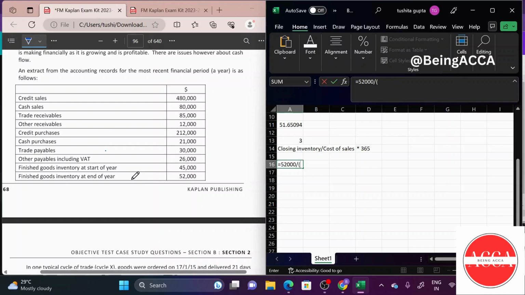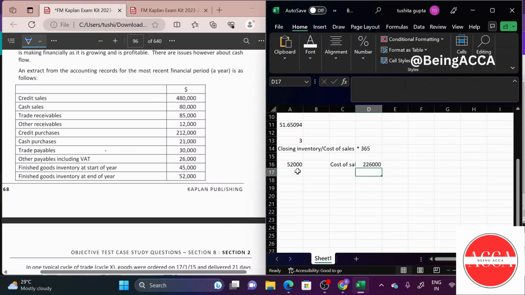Let's calculate cost of sales separately. The formula for cost of sales is the opening inventory, which is 45,000, plus your purchases, which are credit purchases of 212,000 plus cash purchases of 21,000, minus your closing inventory, which is 52,000.